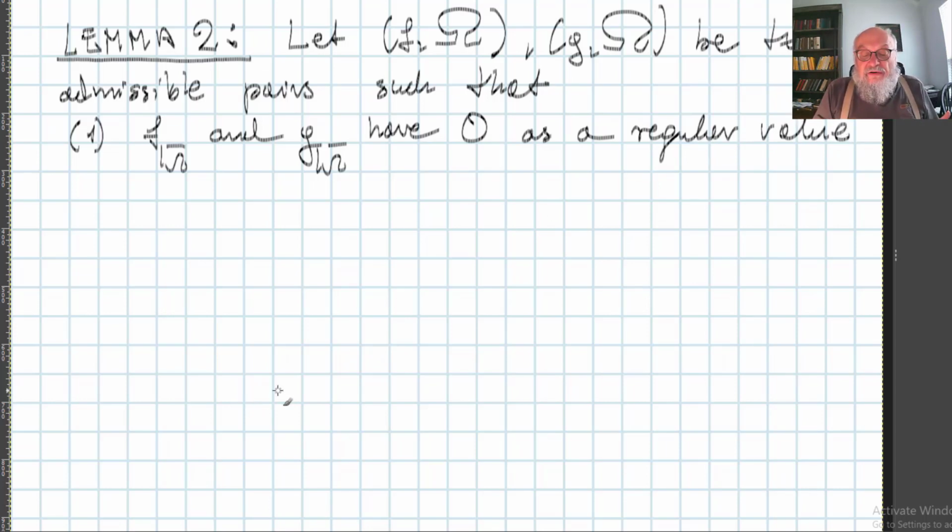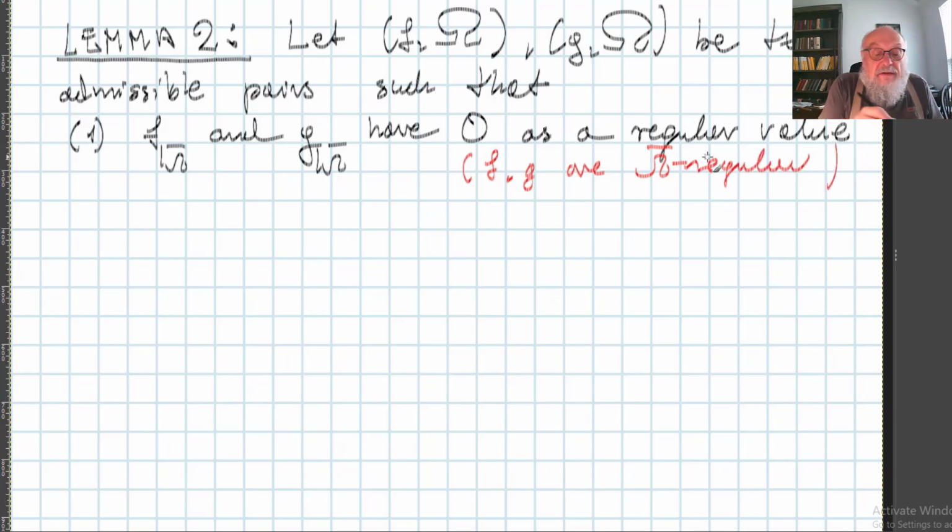So in such a case, we just say that these two, maybe for future references, f and g, we call it regular in omega bar. So that's how we can call it in the future.